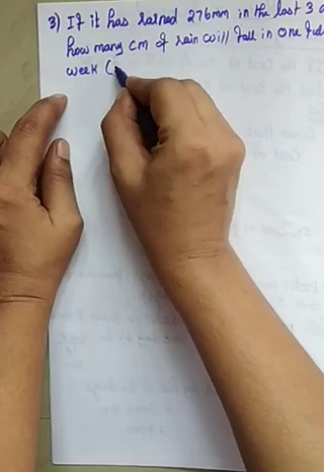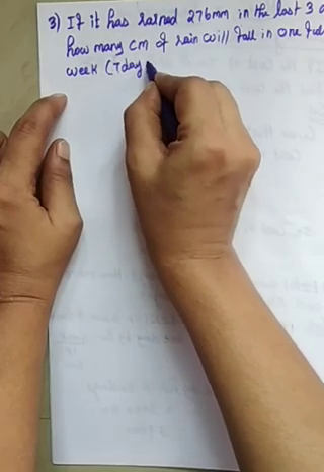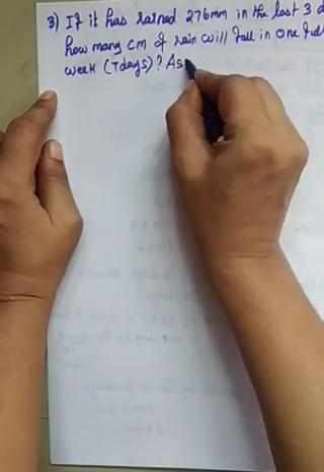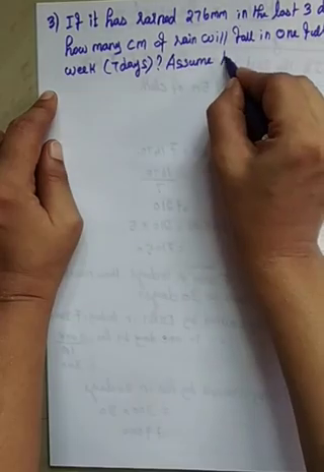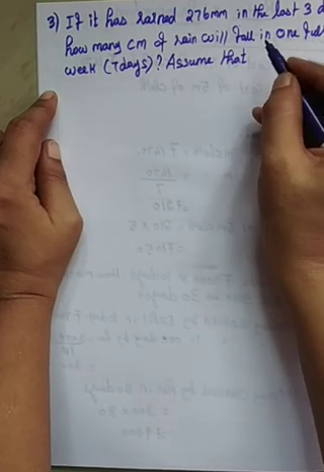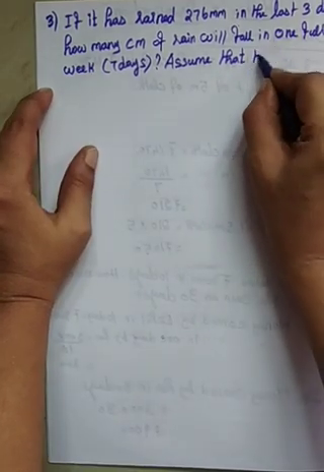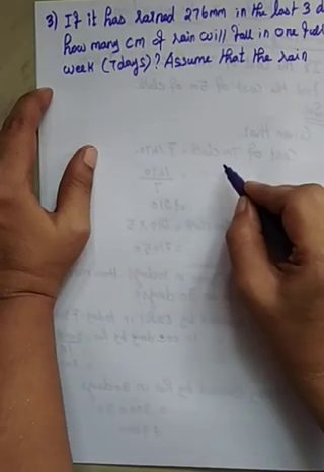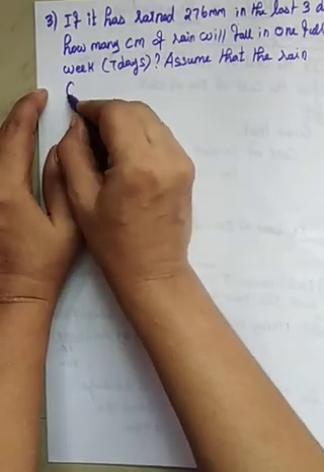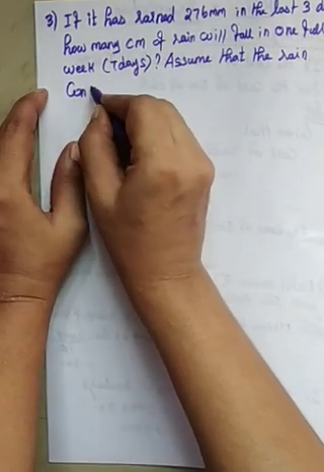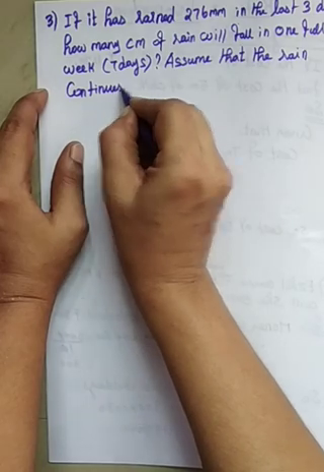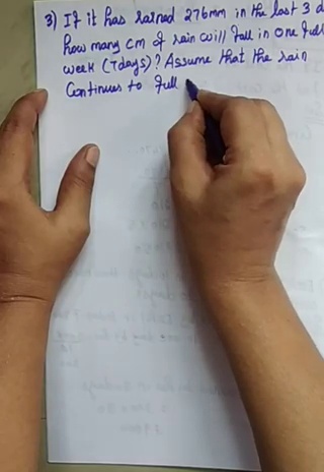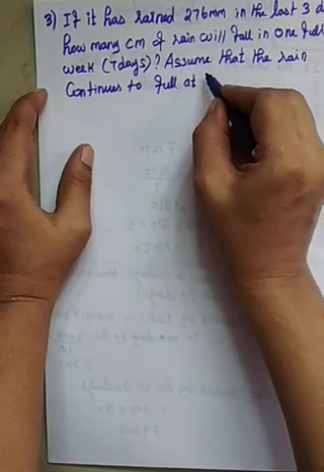That means 7 days. Assume that the rain continues to fall at the same rate.